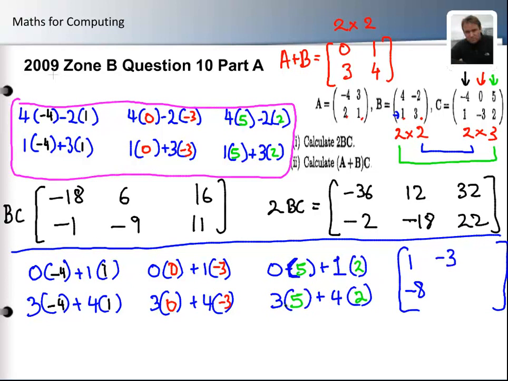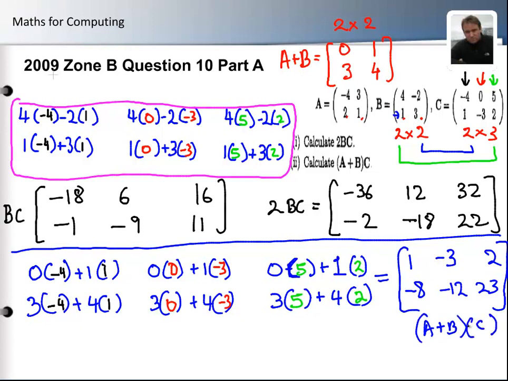Next one here is just minus 3. This one here is minus 12. This one here is 2: 0 times 5 plus 1 times 2. And lastly, 3 times 5 is 15 plus 4 times 2, that's 23. So that's the answer to the second one there, A plus B times C.